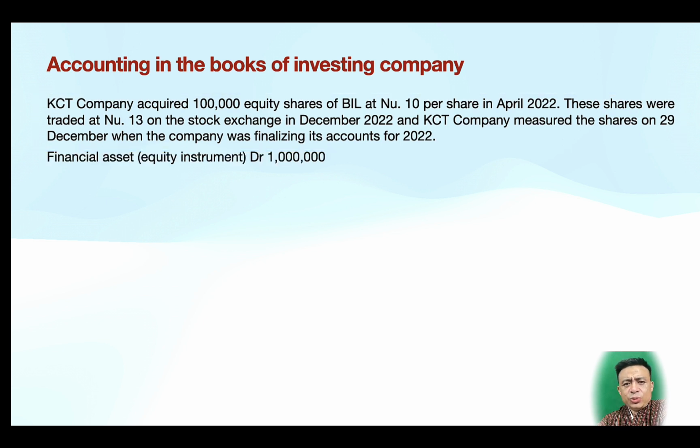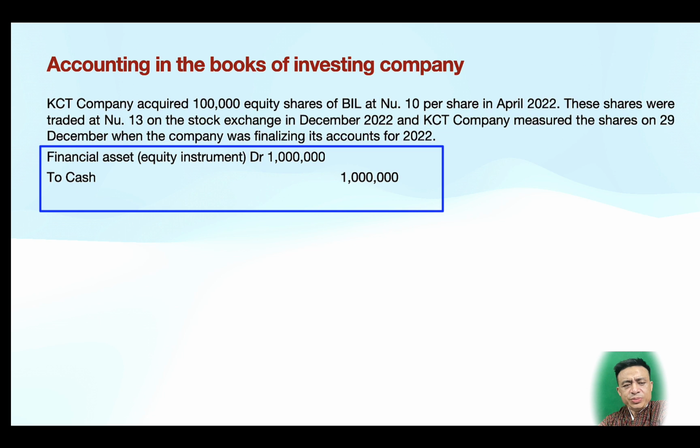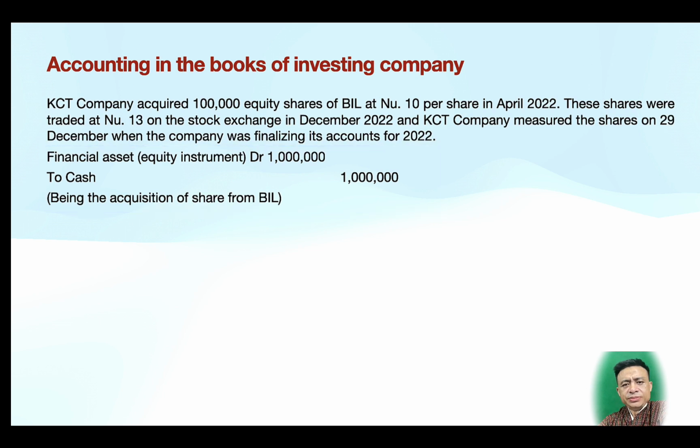Okay, so when they invest in shares, they get financial assets and they have to pay cash of 1 million, that is 100,000 times 10, being acquisition of shares from BIL.